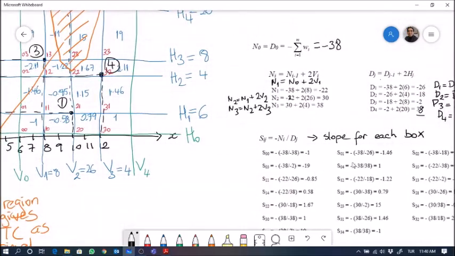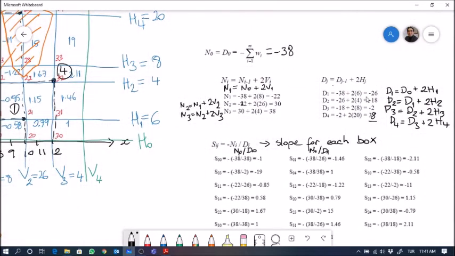In the 0, 1 box, we are going to divide n0 by d1. So this was n0 divided by d0, but this one is n0 divided by d1. d1 was, remember, 26.